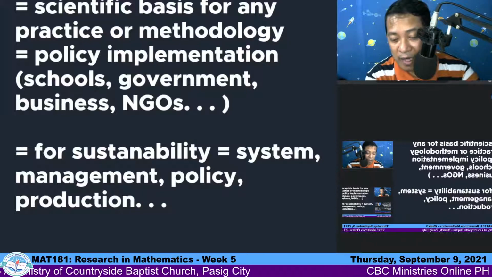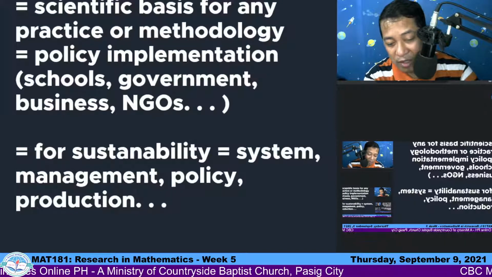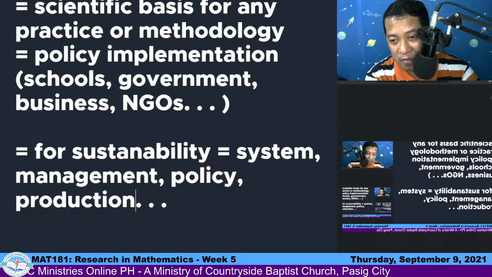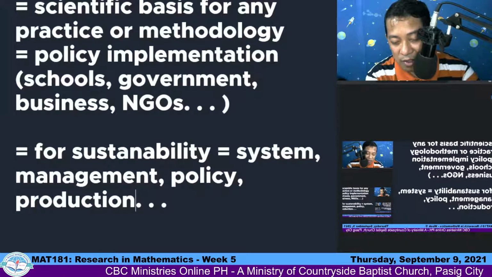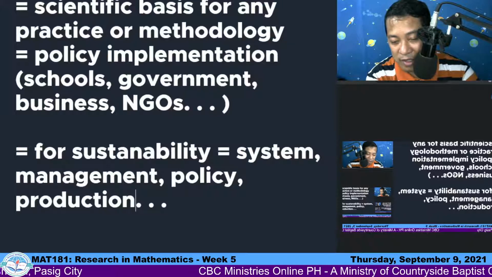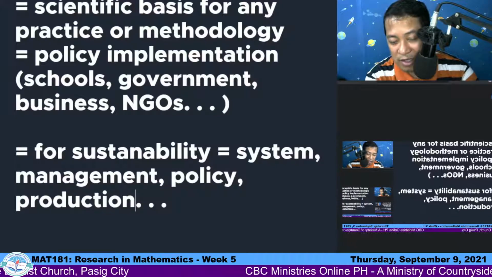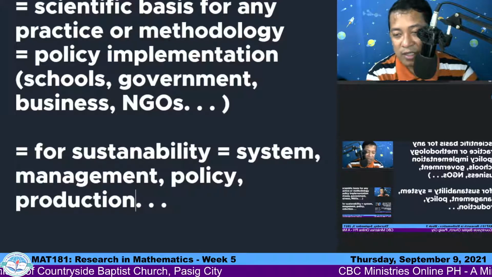So every management, perhaps system, policies, or production should factor in the effect of this pandemic that will eventually, of course, be repeated in the future, just like what happened to Ebola before in East Africa and other diseases or virus infection in some other areas.